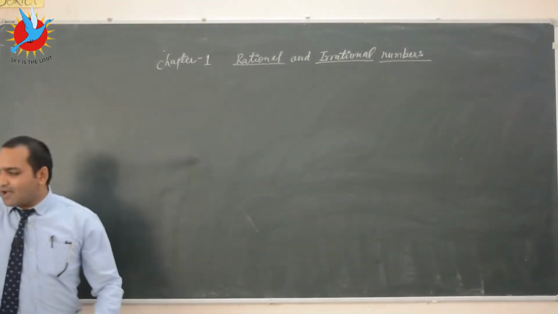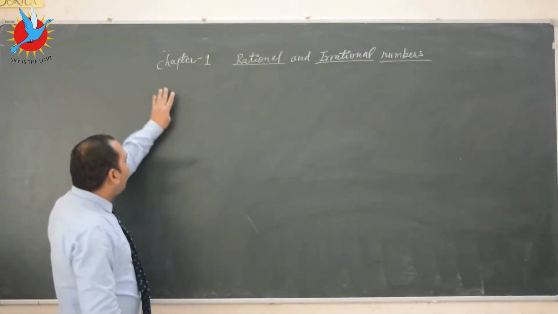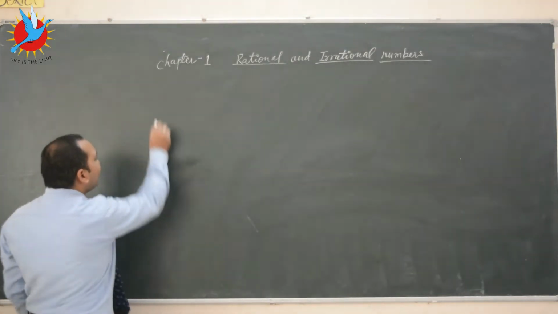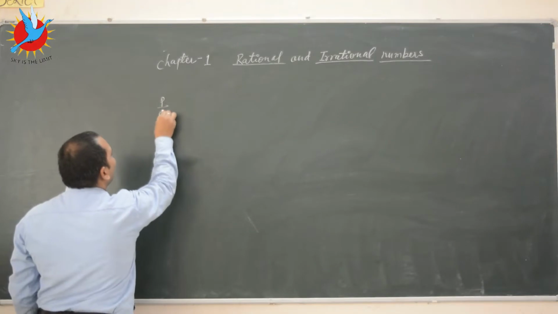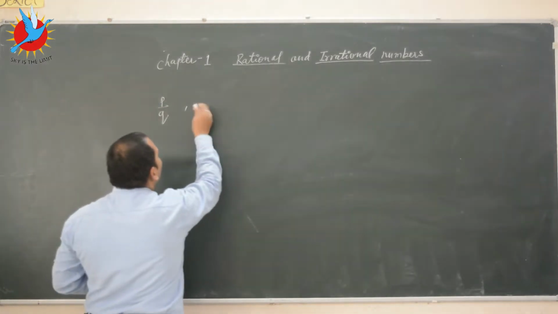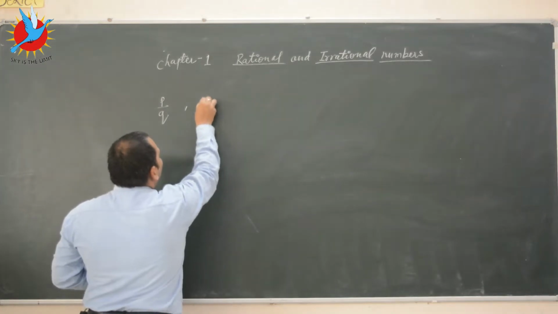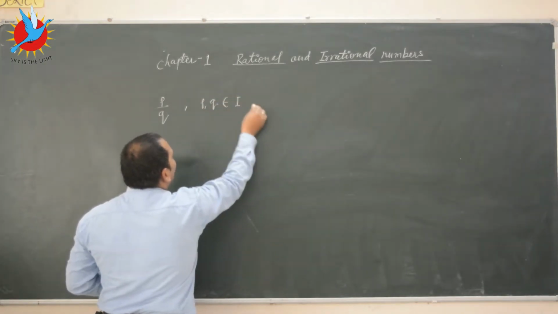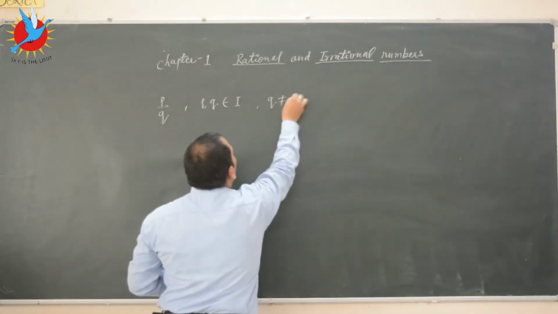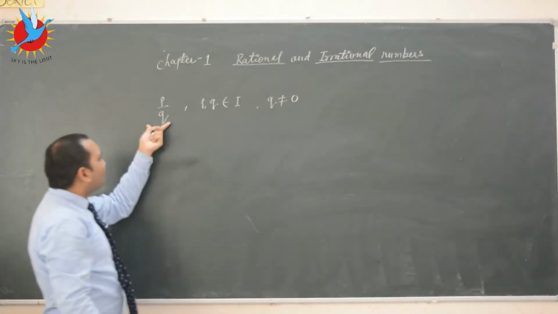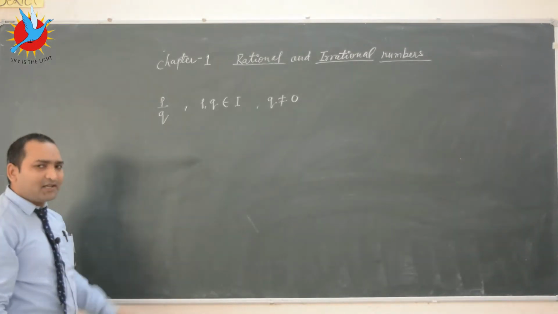In the previous class we learned that any number which can be expressed in the form p upon q, where p and q are both integers and q is not equal to 0, is called a rational number.